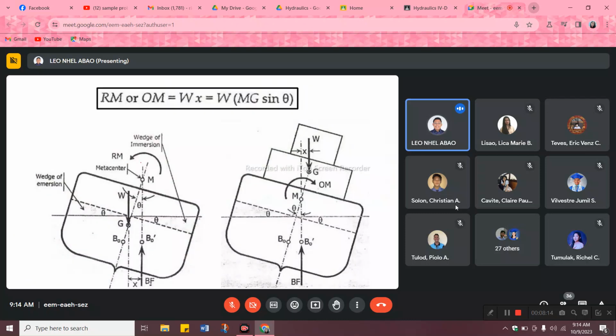Okay? So for emphasis, again class, if M is above G, then it creates a righting moment.